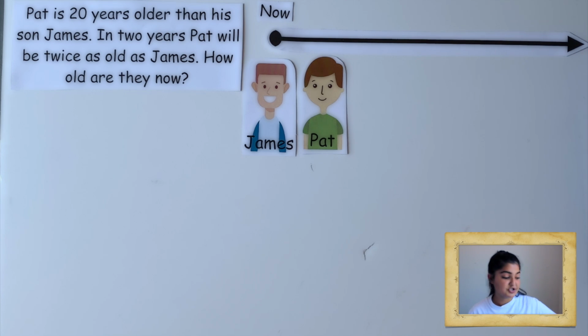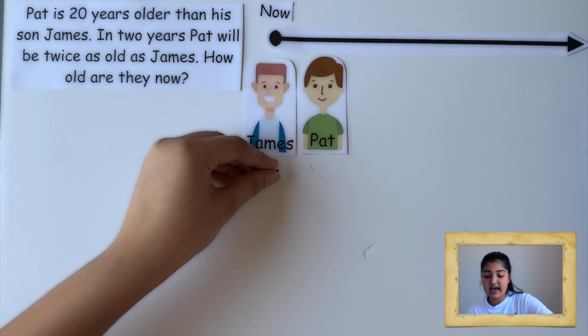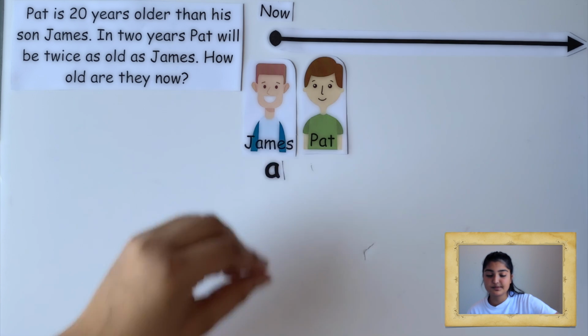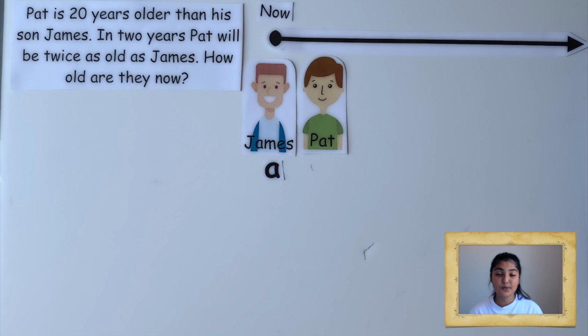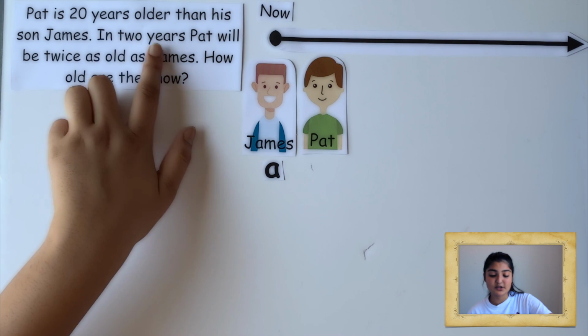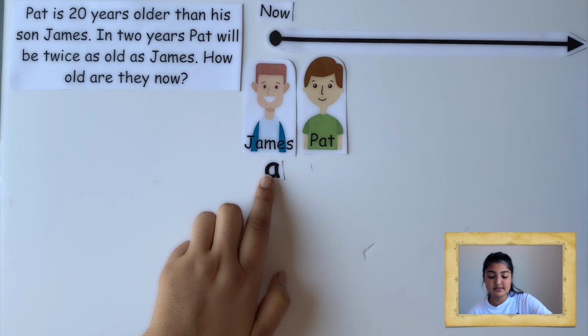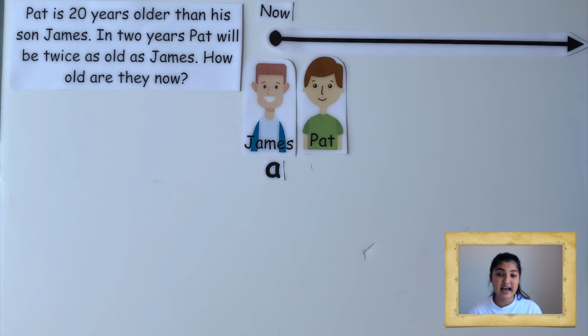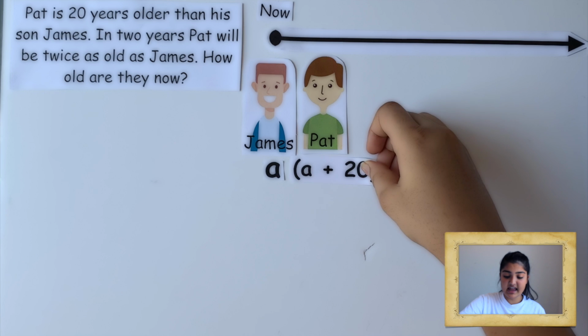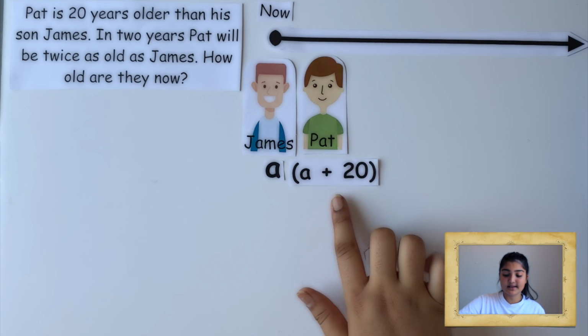Let's assume James' age as A years old. And since Pat is 20 years older than James, that tells us that Pat's age is A plus 20.